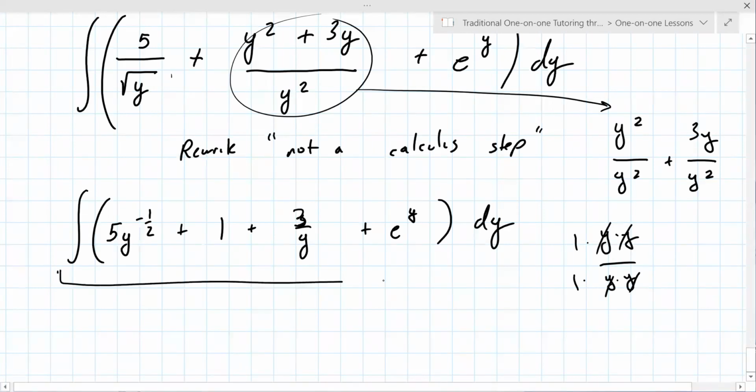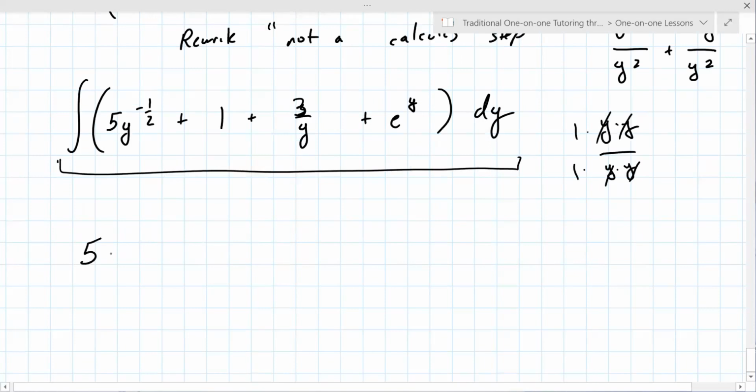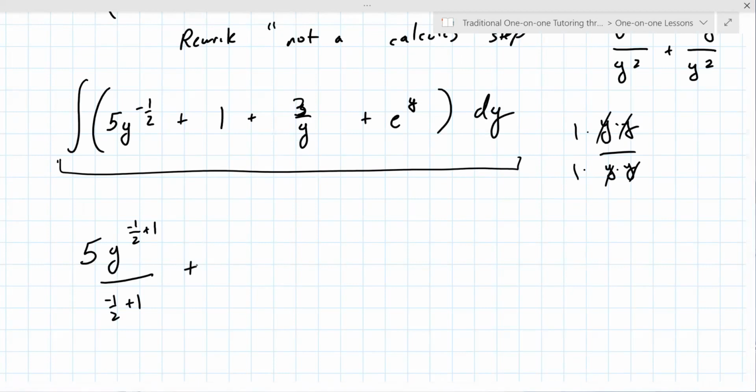Okay, so now are you ready to do the calculus here for this line? It's gonna be 1/2.